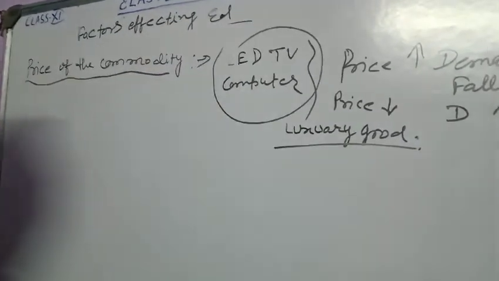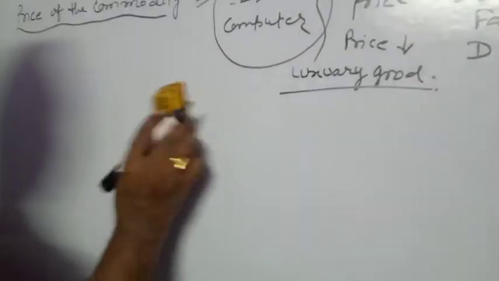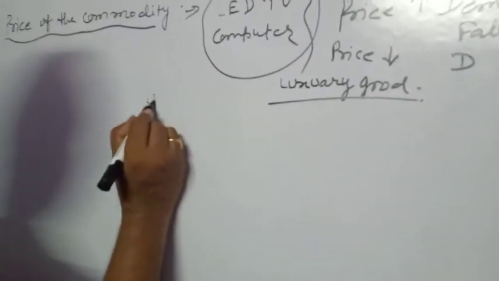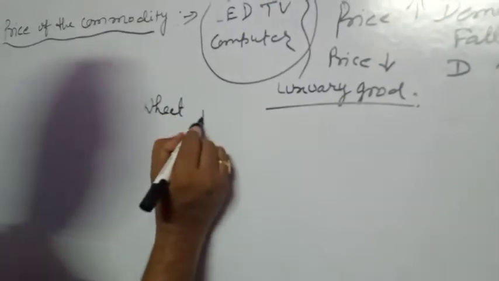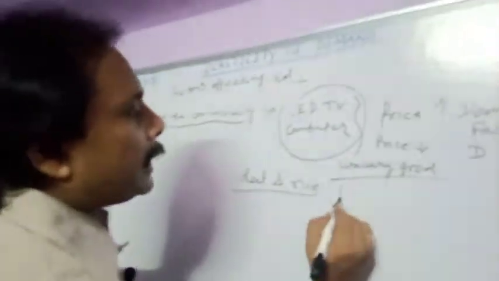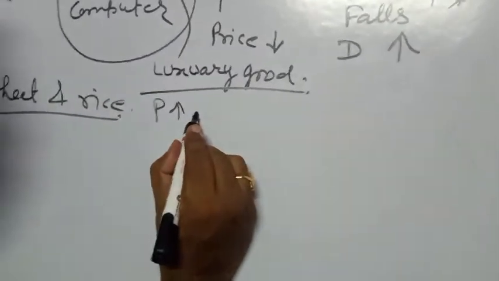But in case of salt, we can say again the same thing, wheat and rice. So what will happen? Even if the price increases or decreases, there is no effect on demand.